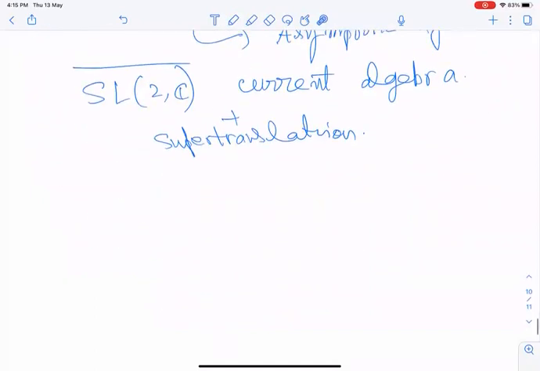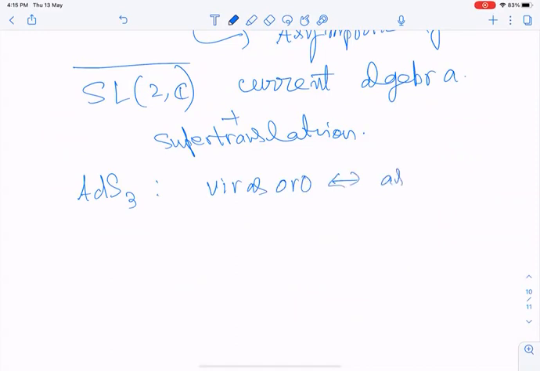Then you go back and see that if you consider asymptotically AdS3 space-time, the Virasoro can be realized as the asymptotic symmetry, and that is essentially the statement that the conformal field theory is dual to string theory on asymptotically AdS3 space-time.